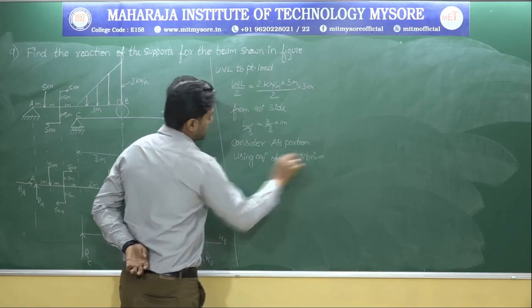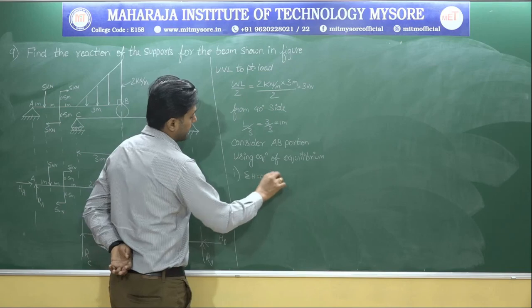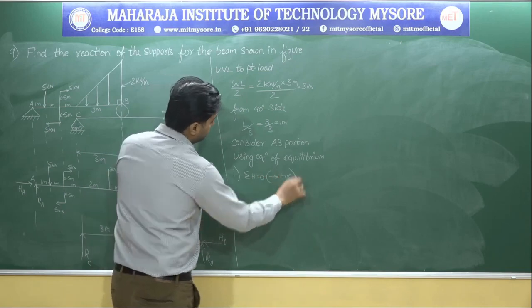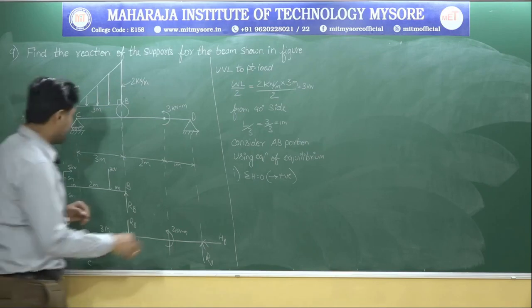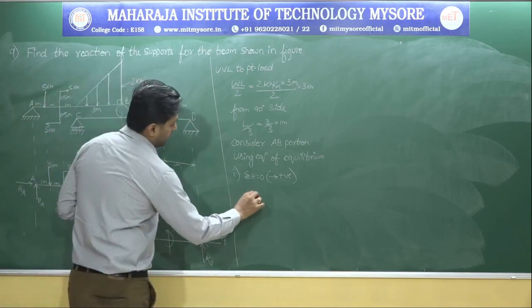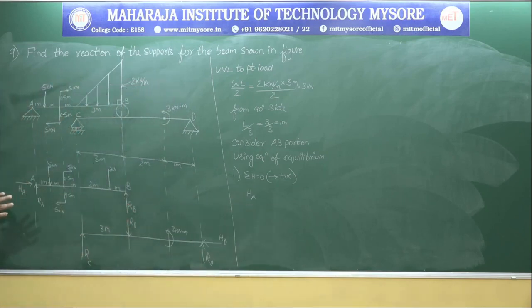The first equation of equilibrium is sigma H is equal to 0, rightward direction positive. Yes or no? So now observe. So rightward direction, this one, HA, which is acting in rightward direction. Okay. Any other horizontal forces? So don't get confused here. So yes, we are having one more.